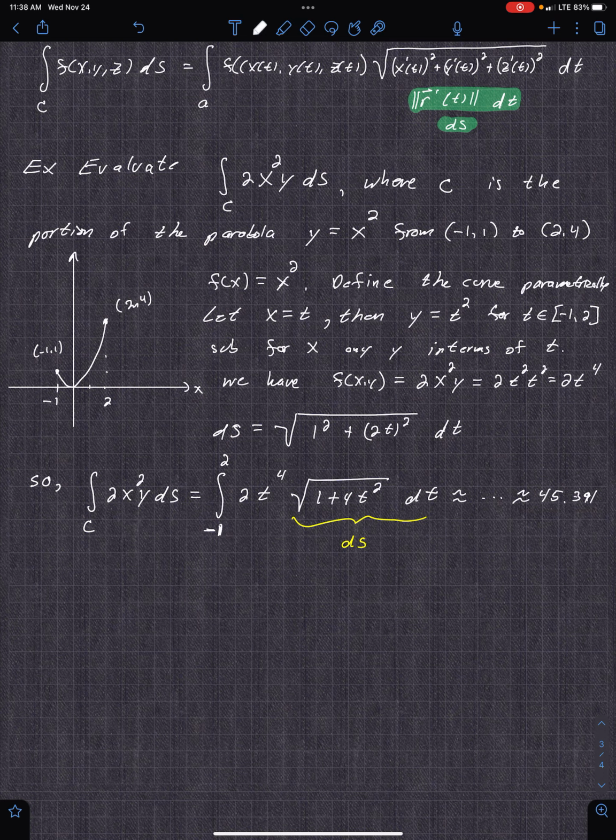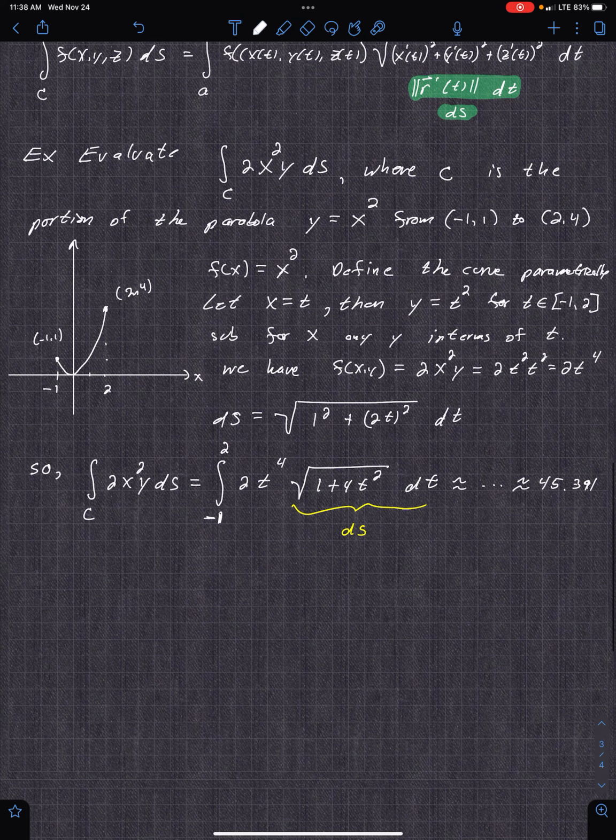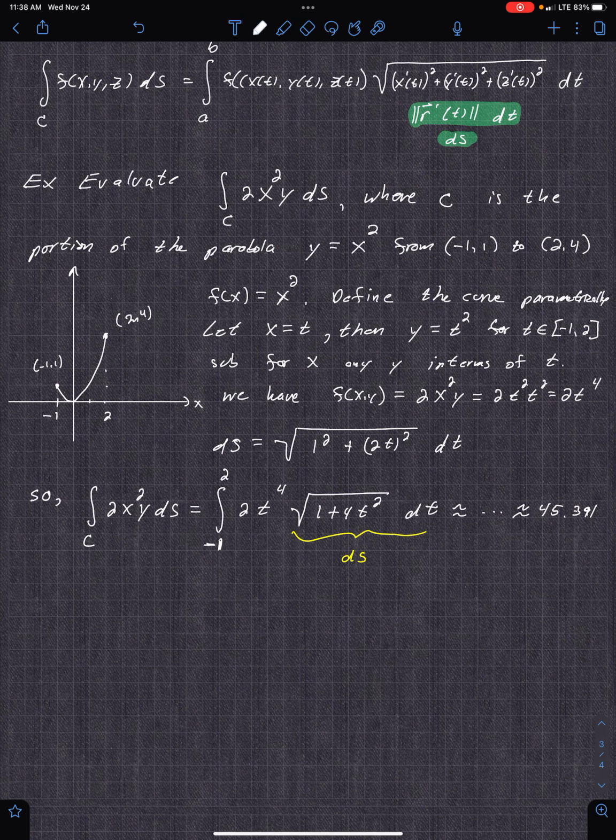What you can relate these to is different. This question is just an evaluation. But if you have a wire with varying density, I don't know why you'd have that, but suppose you did, and you are looking at the distance, some delta s, but the density is different here versus out here.